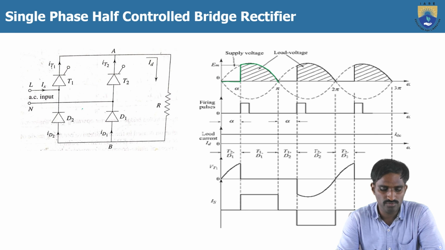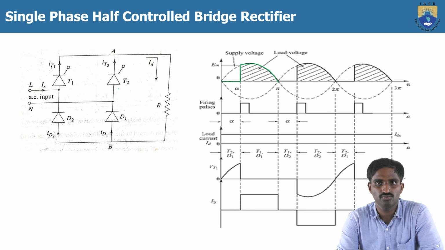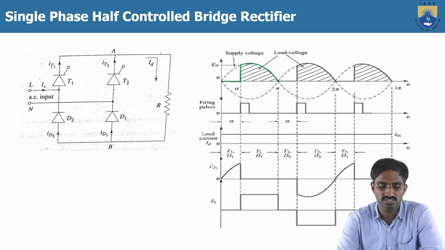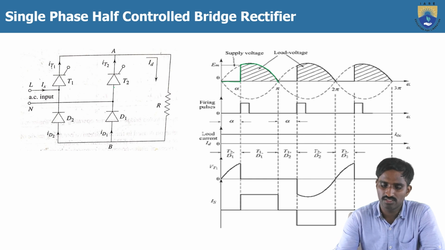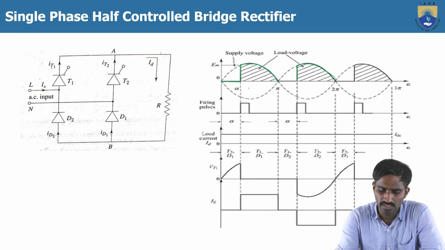Of course D2 will allow conduction, but T2 is still turned off because we didn't give the gate signal to thyristor T2. Then by giving the gate signal, thyristor T2 will turn on, and again you will get the load voltage. So here T1 and D1 are turned on, and here T2 and D2 will be turned on.